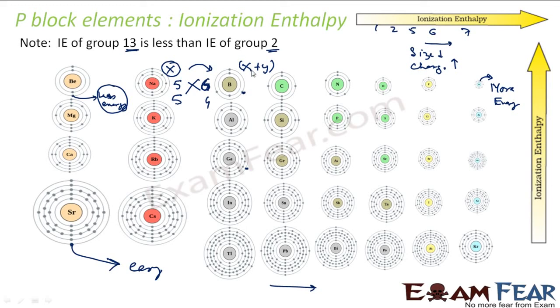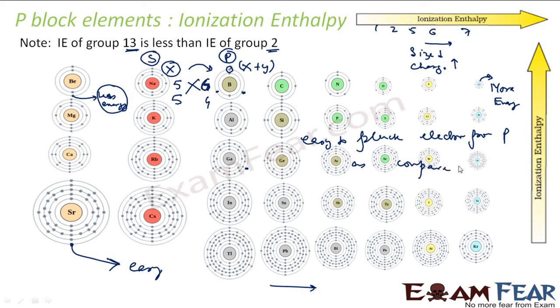Why? Because if you see here, my s orbitals are involved, here my p orbitals are involved. Let's suppose these 2 are in s, the third one is in p. Since p orbitals are involved, it is easy to pluck an electron from p orbitals as compared to s.